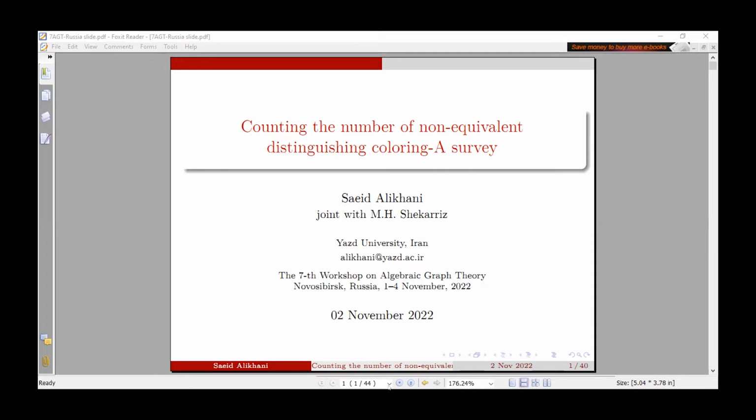Okay, what is the distinguishing coloring or distinguishing labeling? The distinguishing number denoted by capital D of G is the least number D such that G admits a vertex coloring with D colors. Saeed, I'm sorry, we can still see only the first slide with the title.